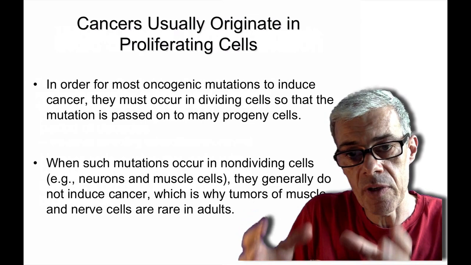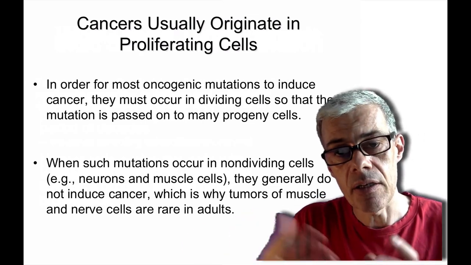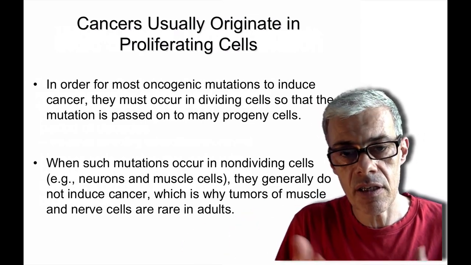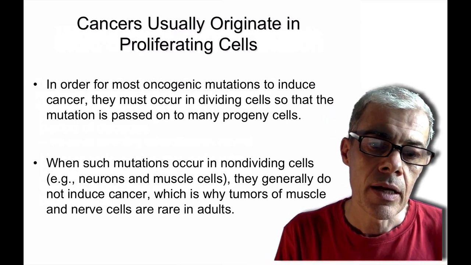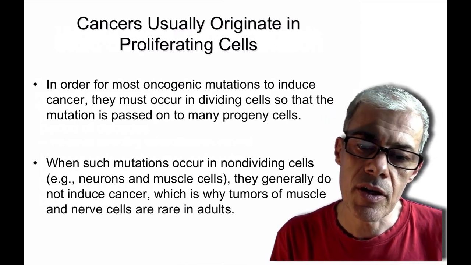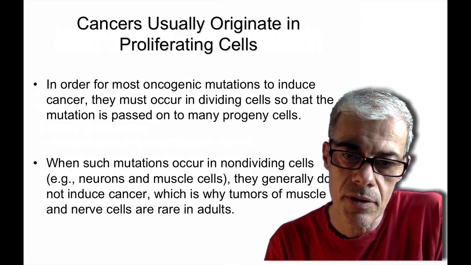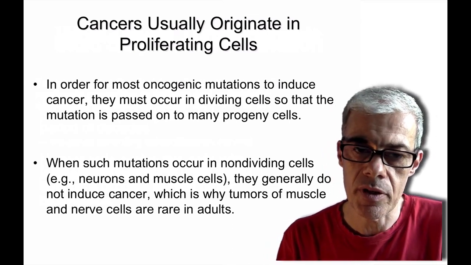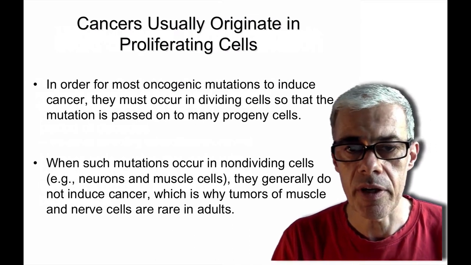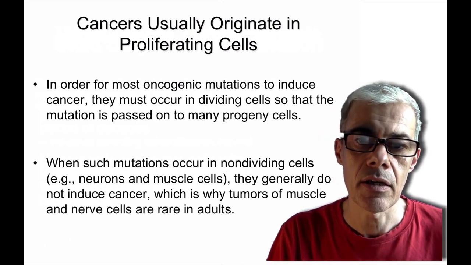When a mutation occurs in one of these cells, you get more mutations, and it's a flow-on effect. This doesn't occur so much in cells that aren't dividing rapidly, such as neurons and muscle cells, and therefore you don't tend to get tumors in these tissues as frequently as you do in rapidly dividing tissues.